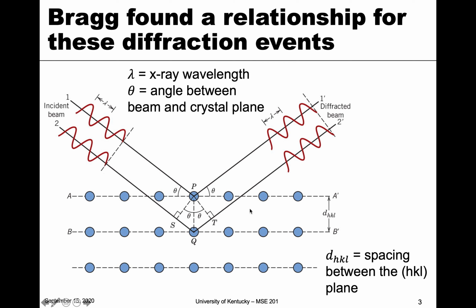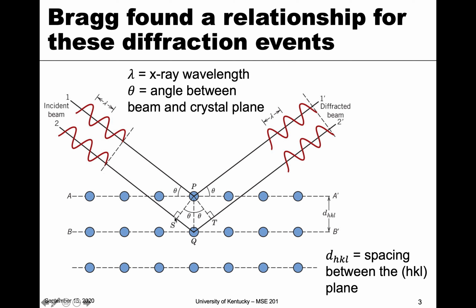We're looking at adjacent planes, A, B, C, and so forth, and we're looking at an incident beam that's in phase, and what happens to it as it's diffracted, and how it has to maintain that in phase. So basically we look at a beam 1 and beam 2, but obviously there's more than that. This is just a simple illustration.